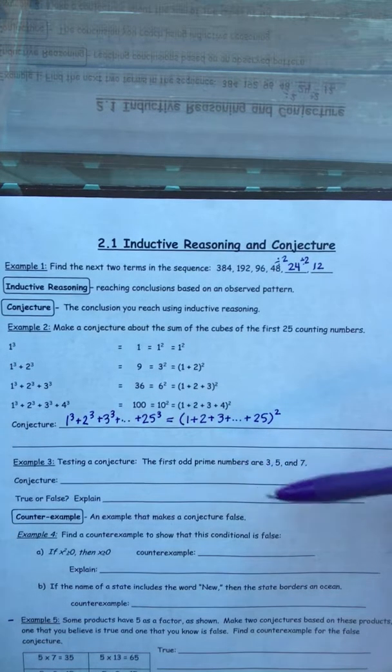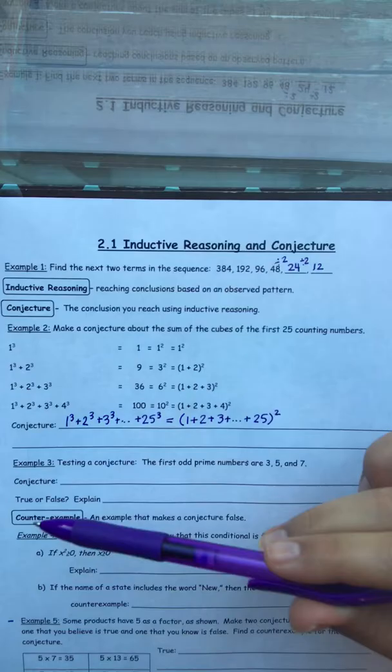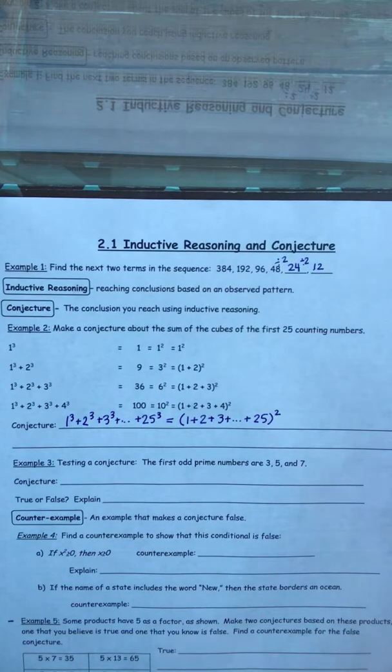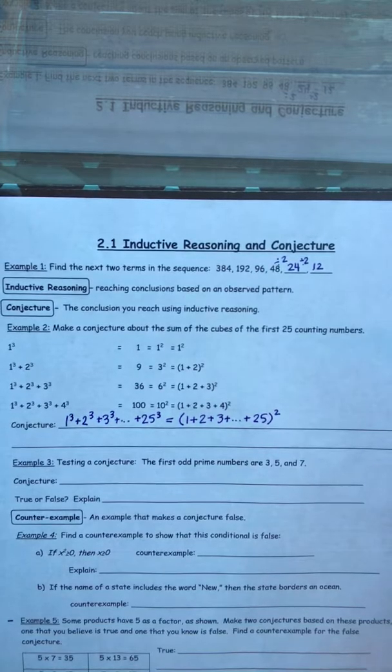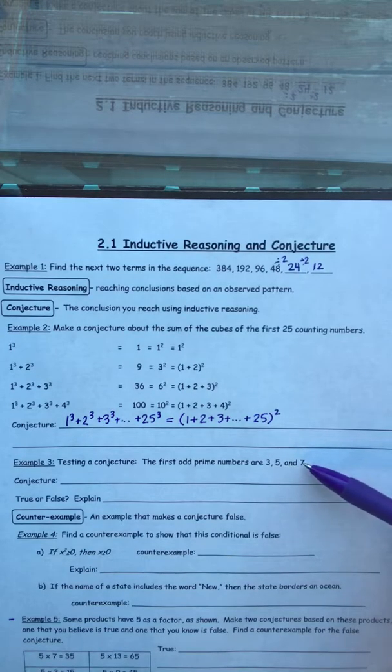This is saying that the first odd prime numbers are 3, 5, and 7. So what we're going to do is make a conjecture about the next odd prime number. So let's go ahead and look at the pattern that's going on with the numbers that they gave us. From 3 to 5, what is the change? Same thing with 5 to 7.